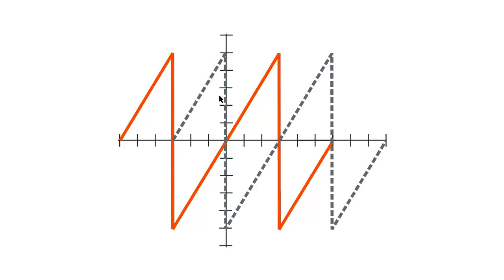Notice we do not have the same situation at all as we did before. Now it looks like here we're not going to get cancellation. See, these two at this point, these are not going to cancel, so we're not going to get a 0 wave. We're going to get something else.